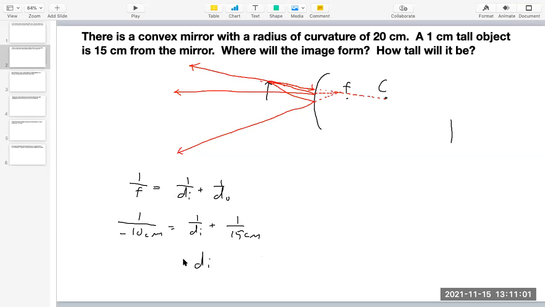So our image distance is going to be 1 over minus 10 centimeters plus 1 over minus 15 centimeters. And that should be minus 6.